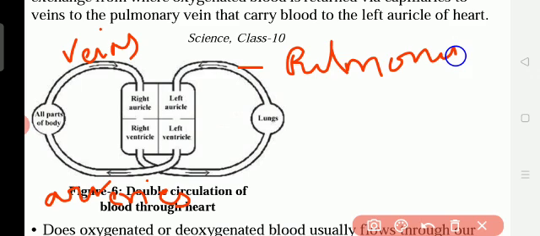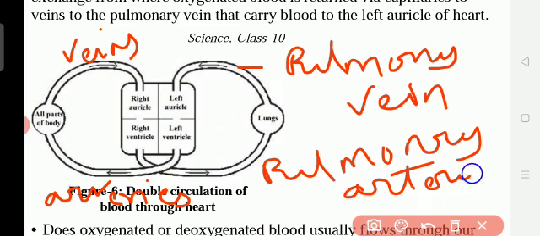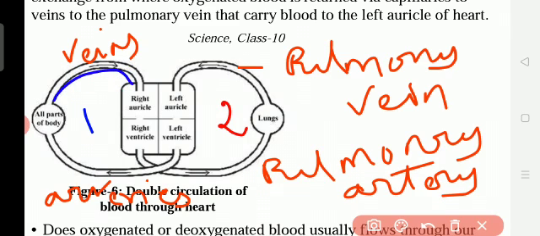Once again, my dear students, this side veins, this side arteries, this side pulmonary vein, and this one pulmonary artery.